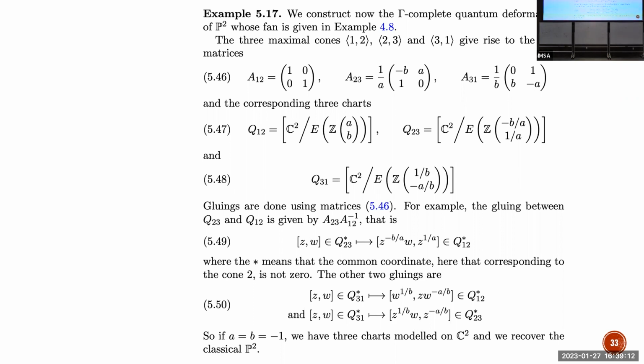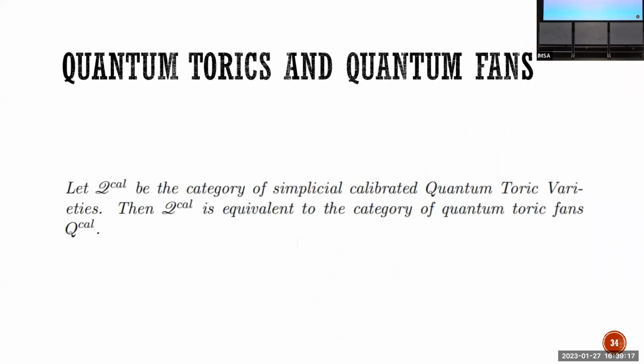And here there are no more marked points than those on the rays. And now you go and prove that the calibrated quantum toric variety is equivalent to the calibrated quantum toric stack.